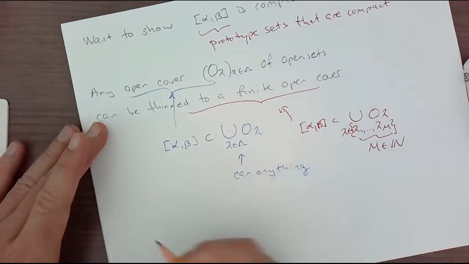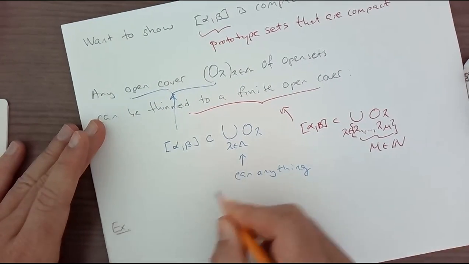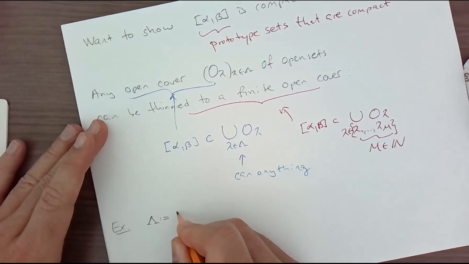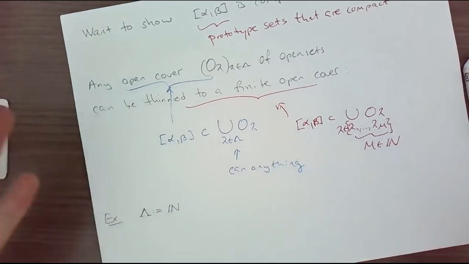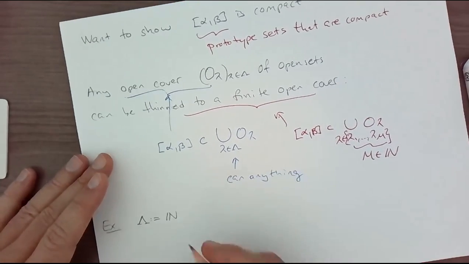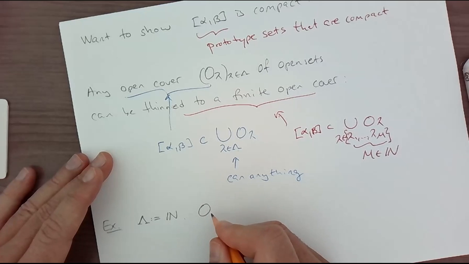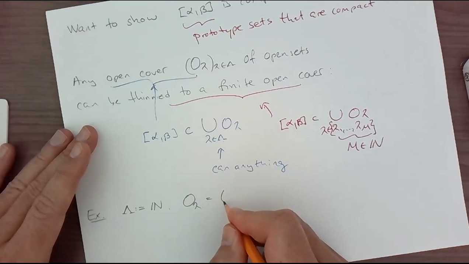So for example, some examples could be that this one here is the natural numbers, right? That's infinitely many. So O lambda here could be one of the ones we looked at a bunch of times.